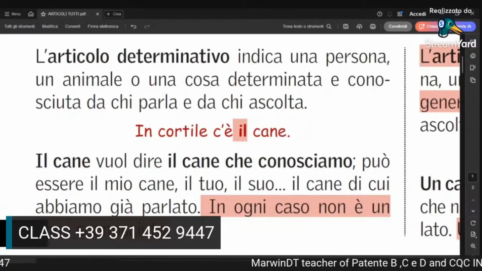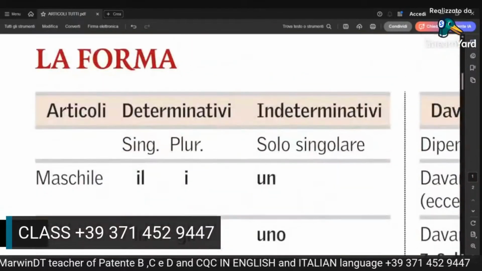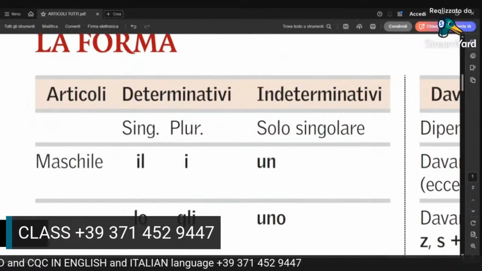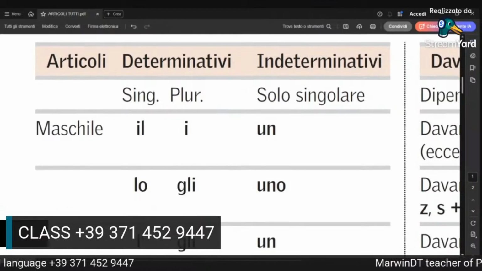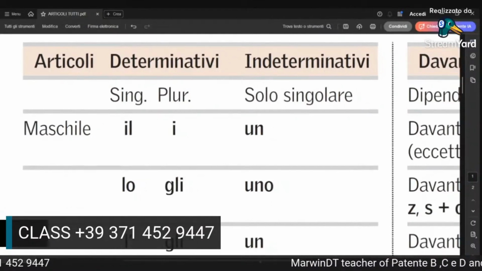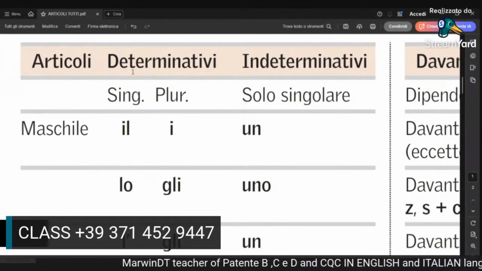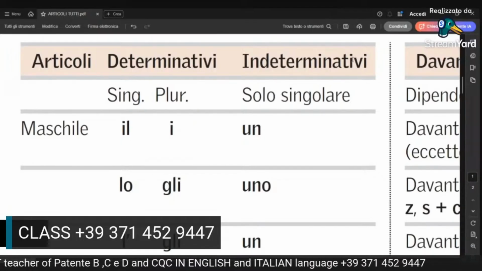So now we are moving forward to the next explanation. Concerning the two different kinds of articles that we just saw, articoli determinativi and indeterminativi.